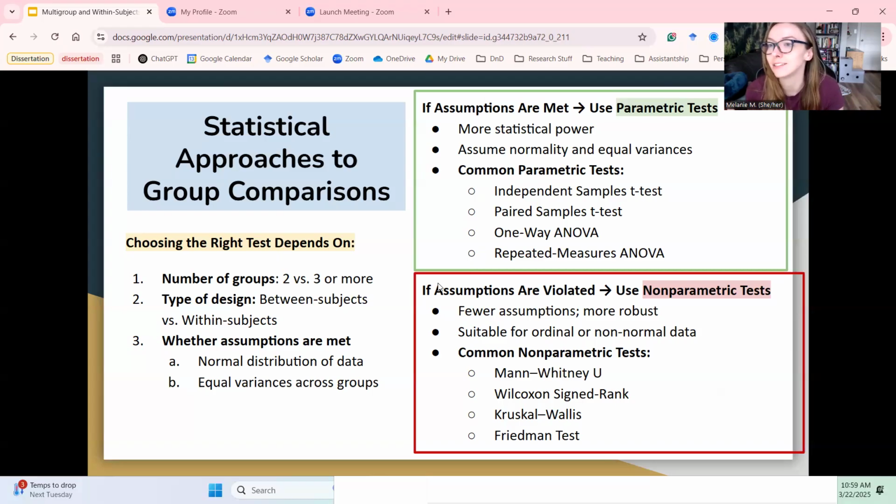Trying not to get into my statistics mode, but the short of it is we have parametric testing when your data is normally distributed. We have non-parametric testing when your data is not normally distributed. So those are the three big things we're thinking about. How many groups do I have? What type of design? And are my normality assumptions met?